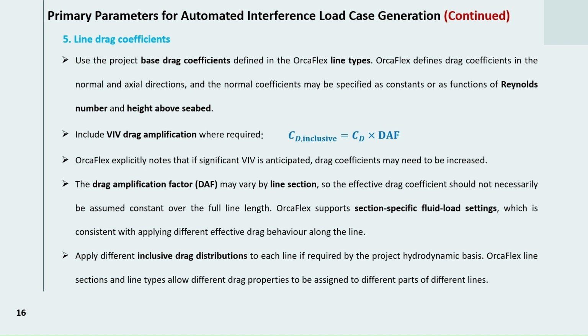So the key message from this slide is that drag coefficients are not just default hydrodynamic inputs. In interference analysis, they are part of the case definition and may need to be adjusted to reflect VIV amplification and section by section behavior.